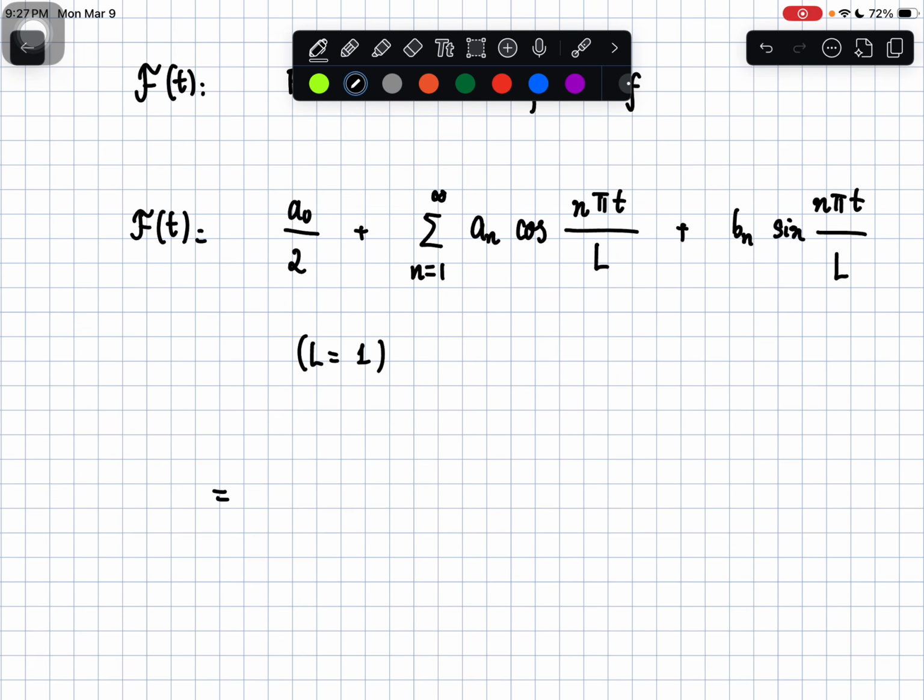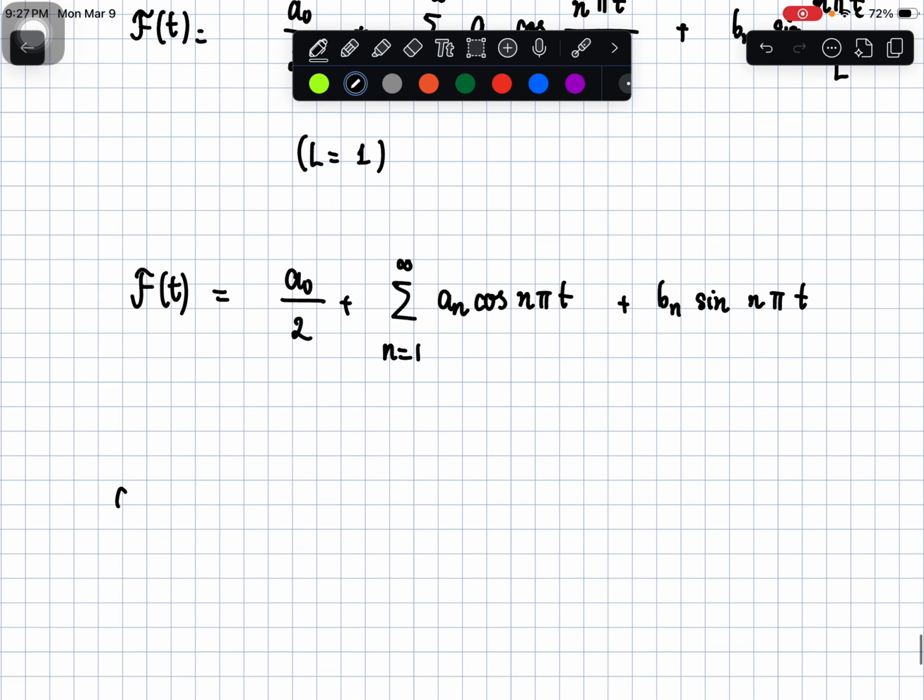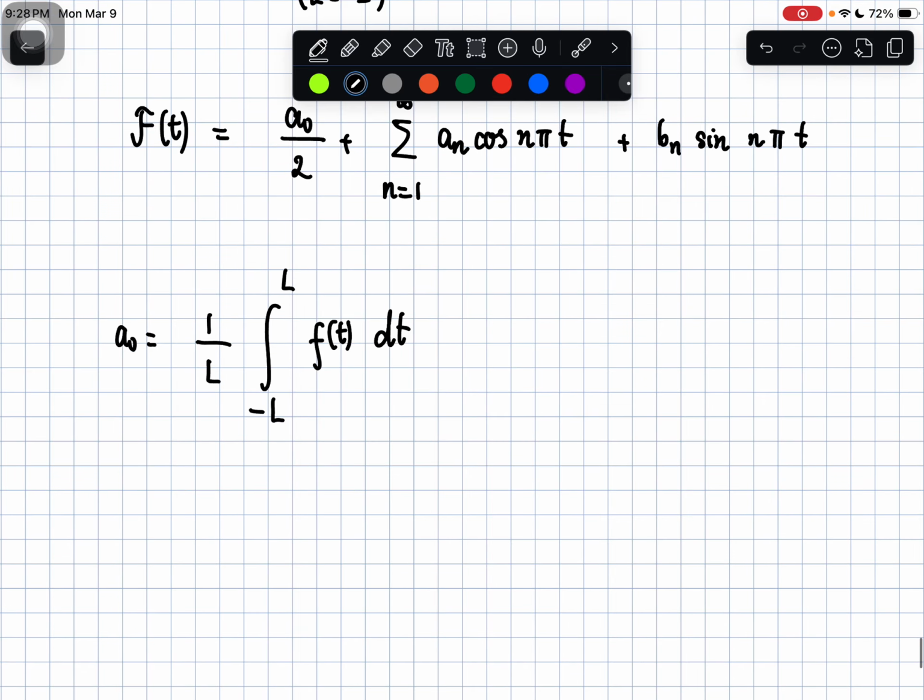So this is a0 over 2 plus the sum of an cosine(n pi t) plus bn sine(n pi t), n from 1 to infinity. We need to compute the coefficients. a0 is 1 over l times the integral from minus l to l of f(t) dt, and in fact you can choose any interval of length 2l you want.